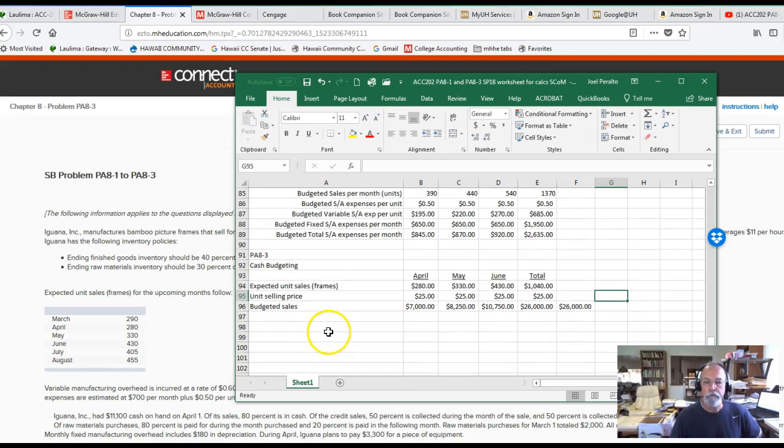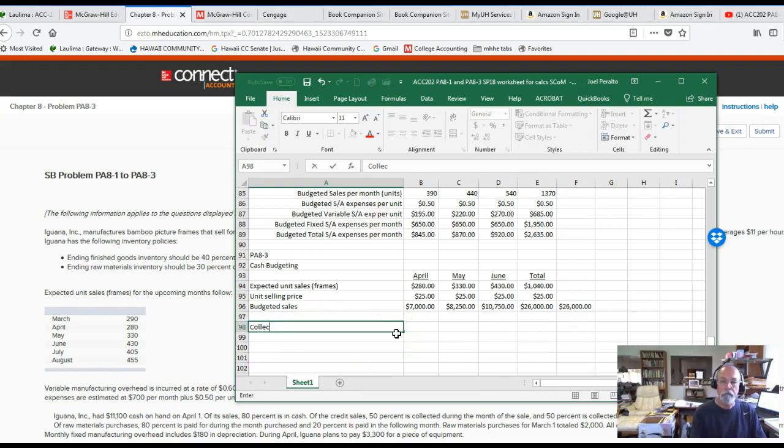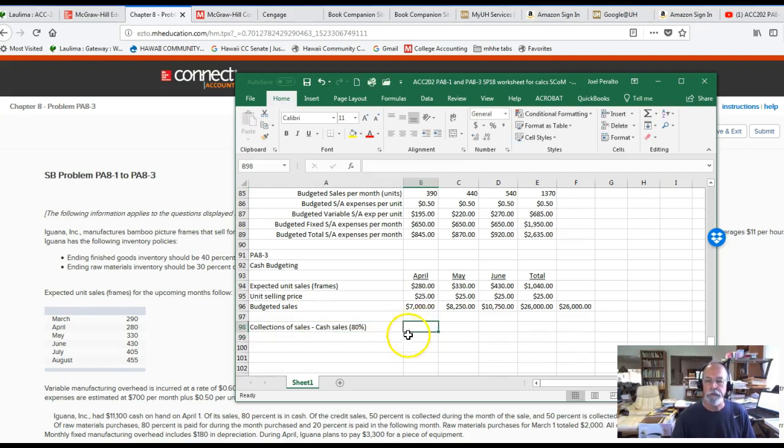Now, of our budgeted sales, 80% represent cash sales.